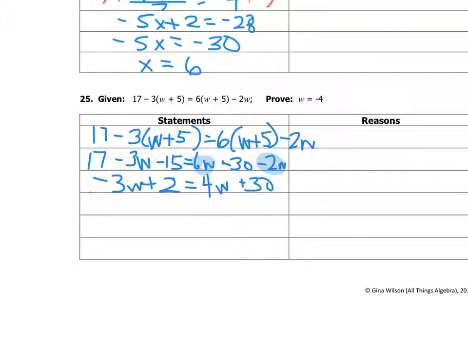Okay, and now we would have 2 equals 7w plus 30. And we're going to have 7w equals negative 28. And w equals negative 4.